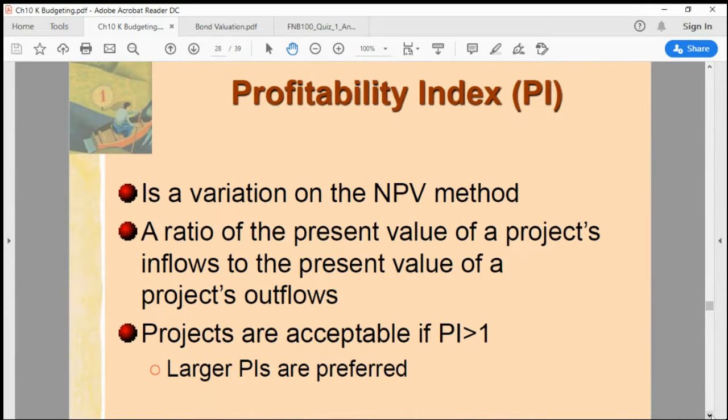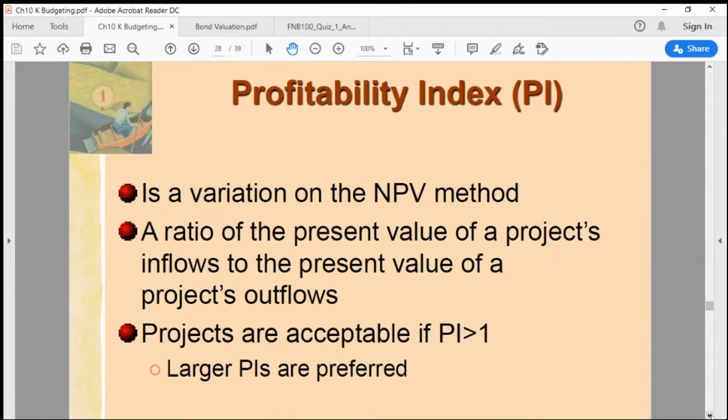Now then, the profitability index. Out of 4 capital budgeting methods, techniques, payback period, right? Net present value and internal rate of return. The fourth one and the last one is profitability index.